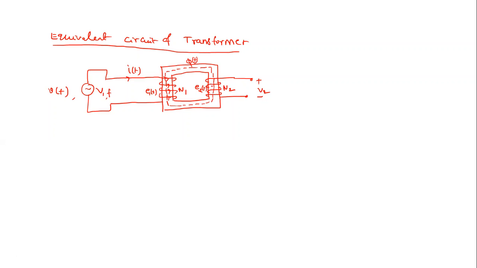This is the RMS value, you can also write E2 as the RMS value. Capital letters are RMS values of the voltage, and small letters are instantaneous values of voltage.